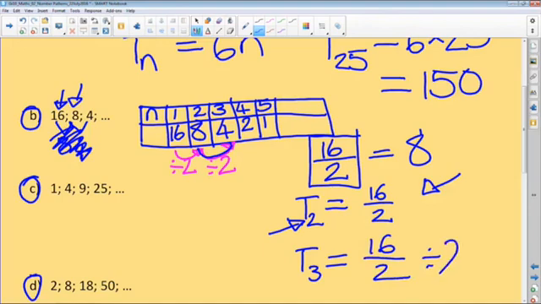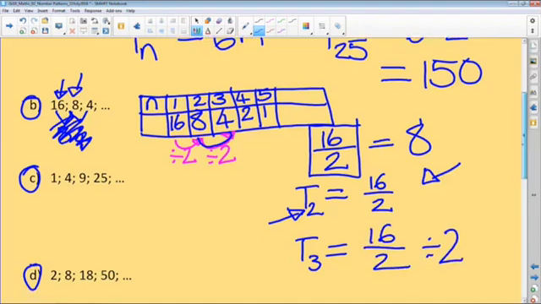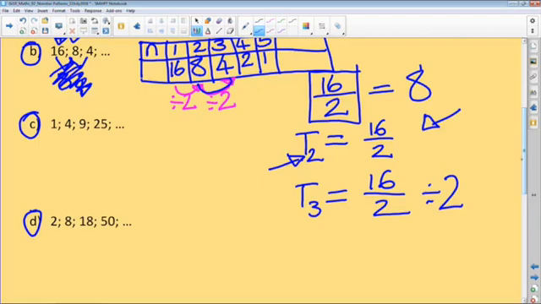Now I know I've made this look very, very complicated, but where I'm wanting to go with it is that we have started with a number, and I'm going to call it x. And in the second term, we've divided x by 2. And in the third term, we've divided it by 2 again. So we've taken x, divided by 2, and divided by 2 again, which means it's divided by 4.